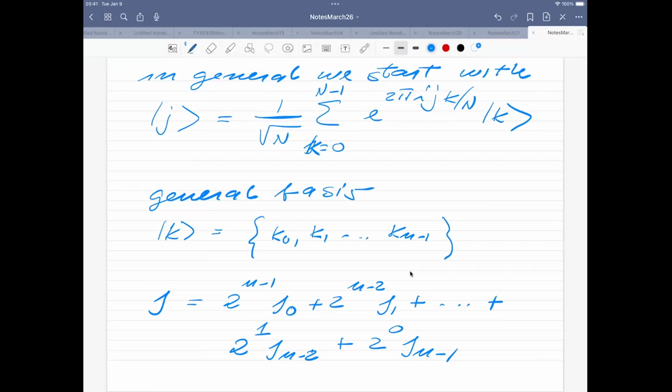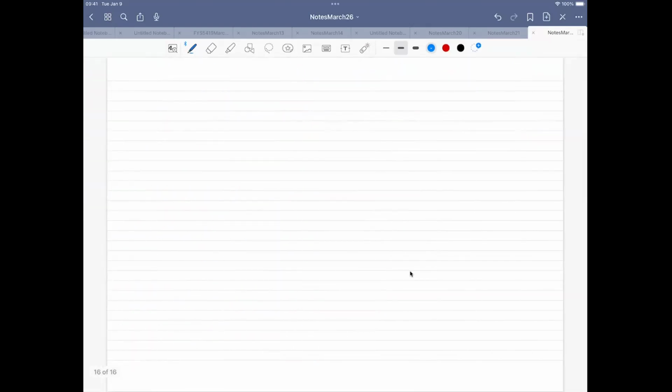I simply assume that there is a specific basis which I have. So if I now look at this state J here, I can actually rewrite that one in terms of my original basis, which is a 1-qubit basis with different tensor products. So I would have 1 over square root of n. I have a summation here where I now just define a vector which I call K0.